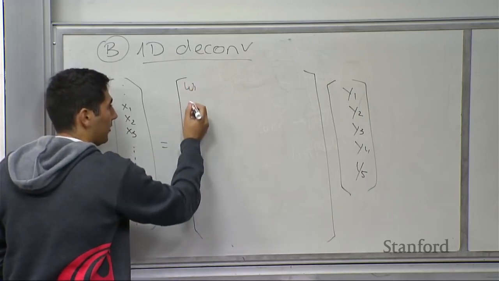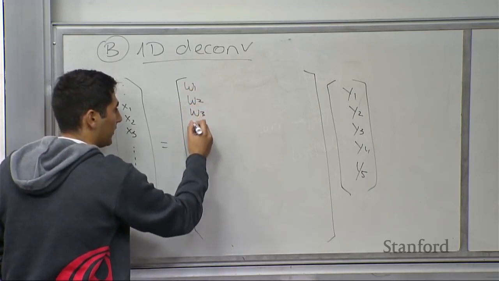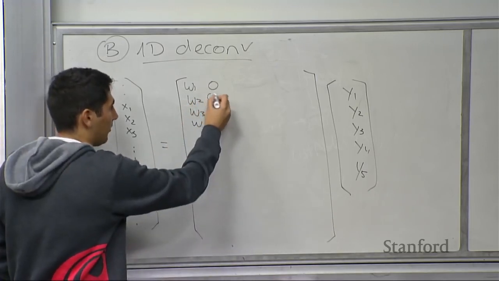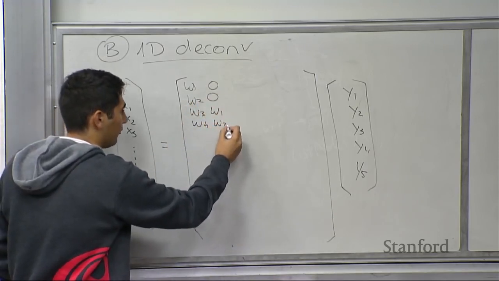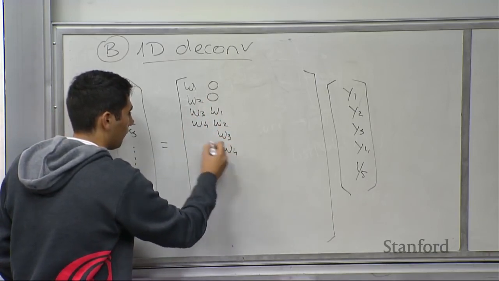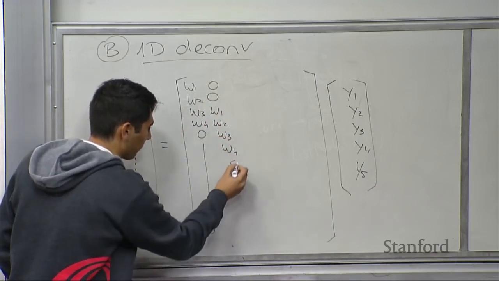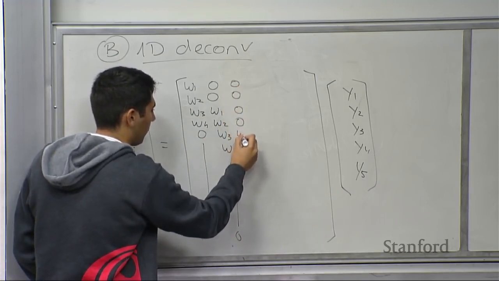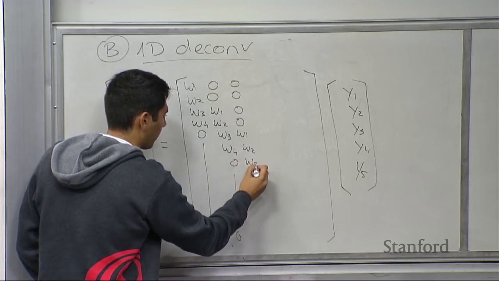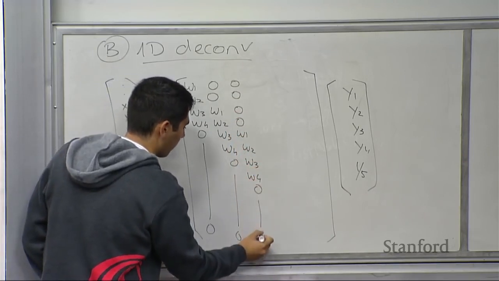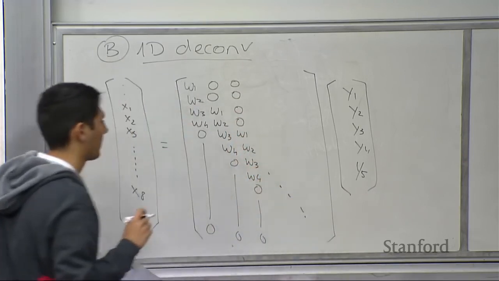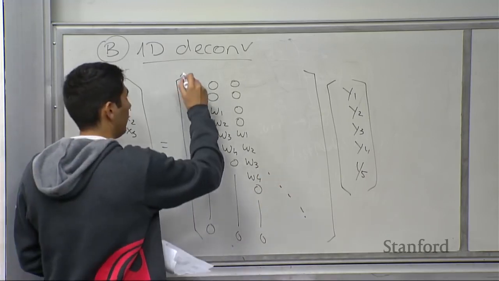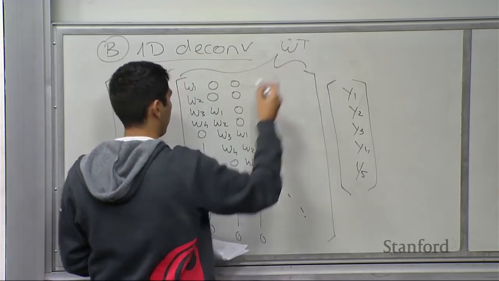The transpose will be W1, W2, W3, W4. Okay? I will shift it down with a stride of 2. And so on. And this whole thing will be W transpose.